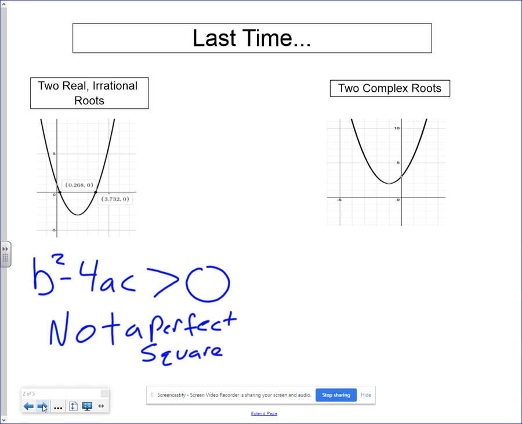So if this is the case, then we'll have this 2 real irrational roots situation. We could also have 2 complex roots. And if you remember from the video last time from the chart, this is when we had the discriminant b squared minus 4ac less than 0. And so what that meant was we would have a negative under the square root, which would lead to a complex number.